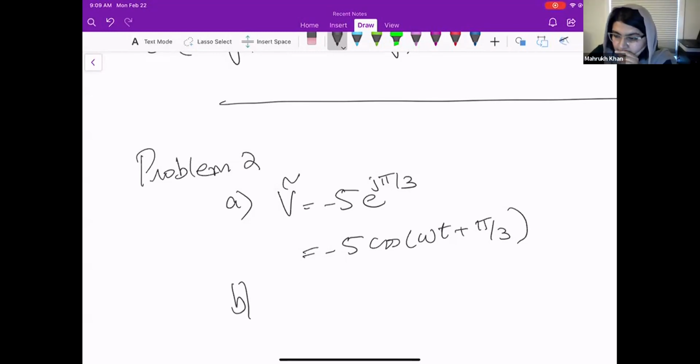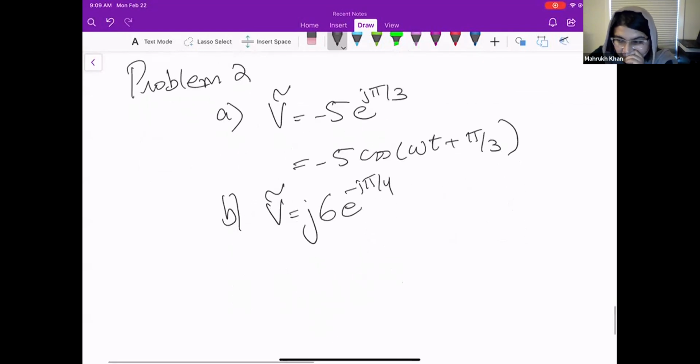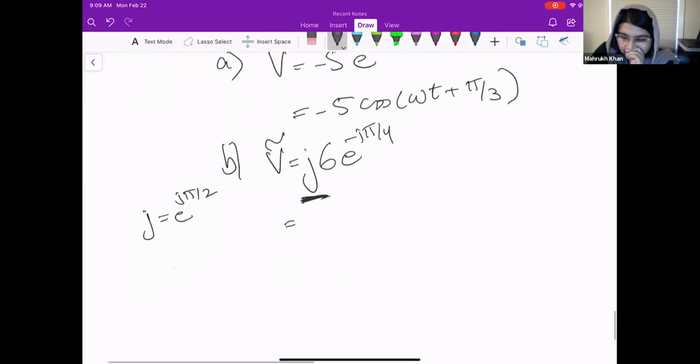Okay. There is one more way of doing the first question, but it's okay if you do it like I have done. Now in the second part, there is a little bit of a trick. This j is actually e^(j pi/2). Why?